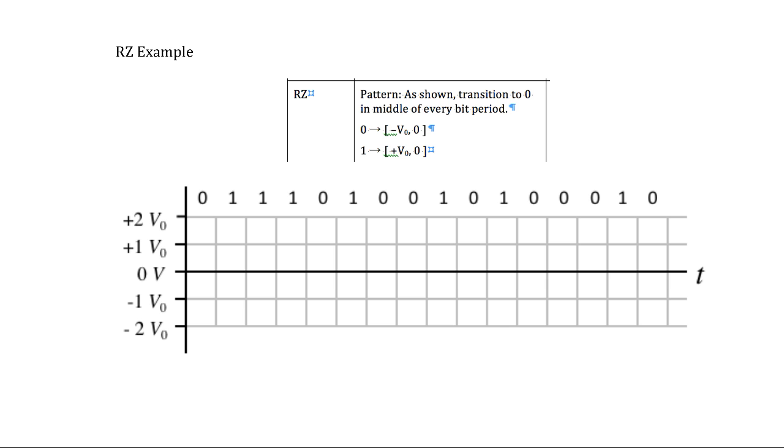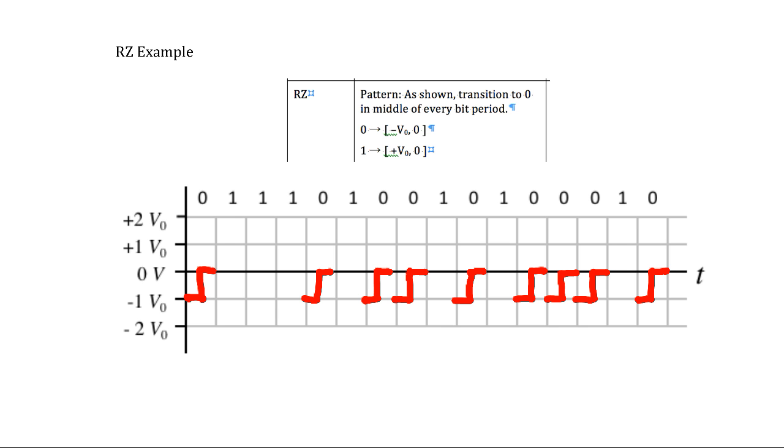So this is RZ. And what I'm going to do, the easiest way I think, is to do all the zeros first. They're a minus V0 to 0. And if I fill in all the zeros first, you can see how this works. You see I have to connect these things after I've made the transitions.